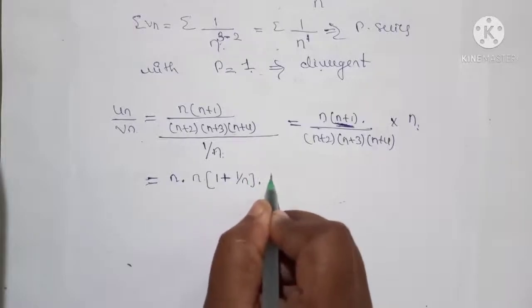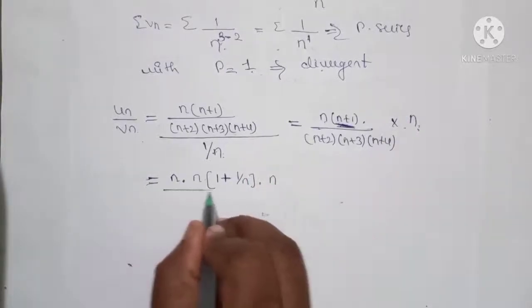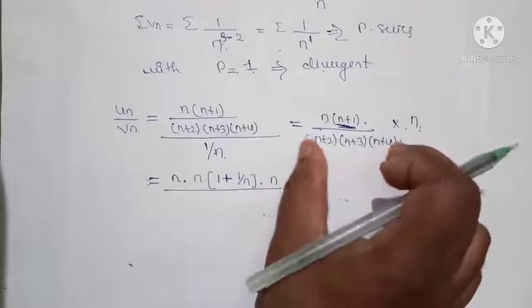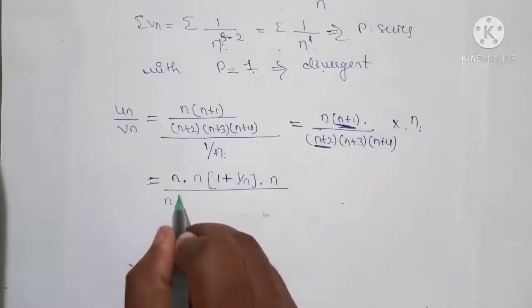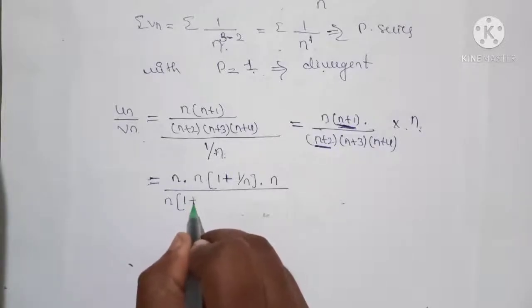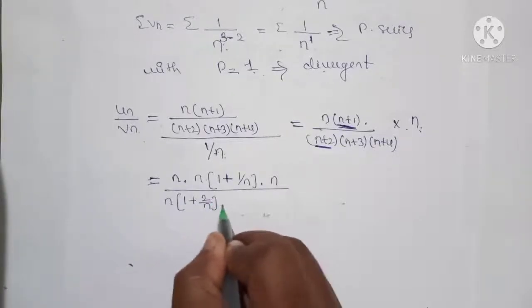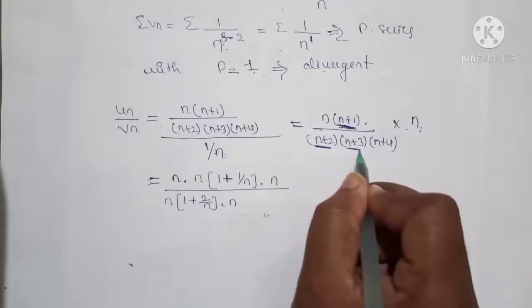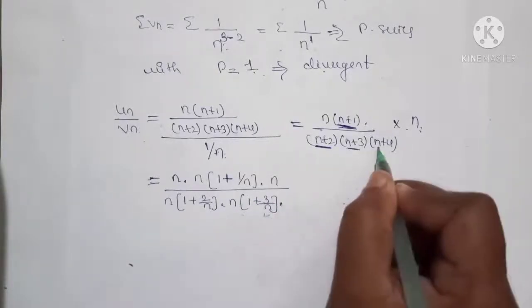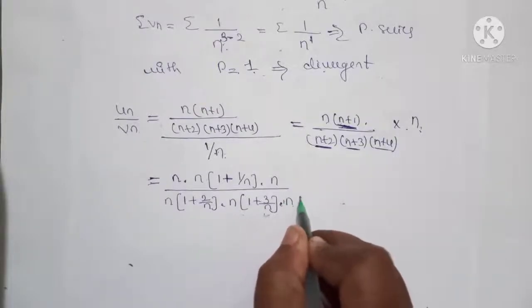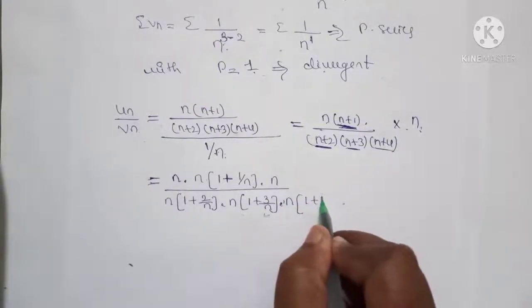This n remains the same. In the denominator we have 3 brackets, and in all 3 brackets we take n common. From the first bracket we get n into 1 plus 2 divided by n. From the next bracket, one more n, we get 1 plus 3 divided by n, and from the third bracket, n into 1 plus 4 by n.